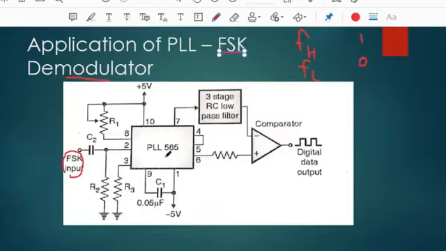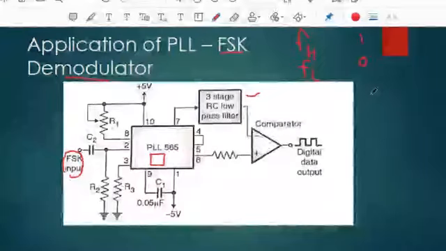The PLL will get locked to the input frequency. We have seen that the VCO is present inside the PLL, so the VCO tracks the input frequency between two frequencies, FH and FL. Low pass filters are used to remove high frequency components present in the input frequency FH, which is higher than the free running frequency of the VCO.